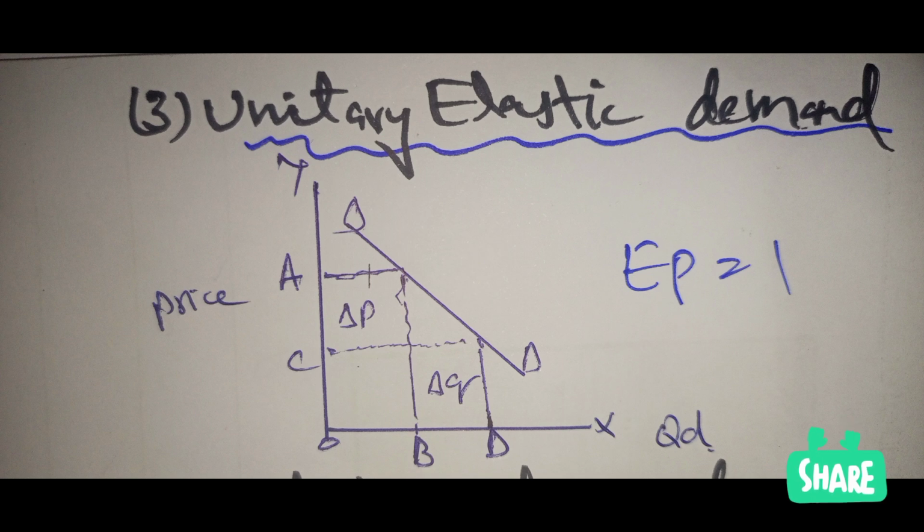It does not show any change in demand. It is here a straight line on the vertical axis. We can say that ED or EP is equal to 0. The changes in price bring no changes in quantity demanded.